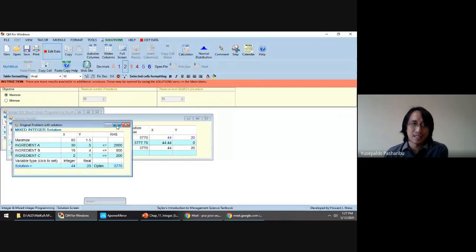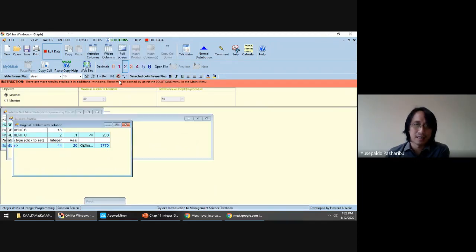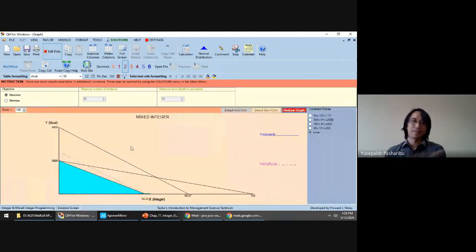This is the simplest one, ingredient A, and this is the solution. X or xylene is 44, Y for hexal is 20, with the profit of $3,770. This is the graph. It's so easy.